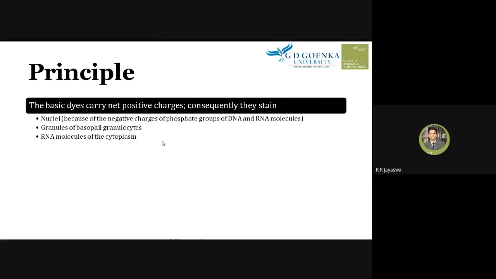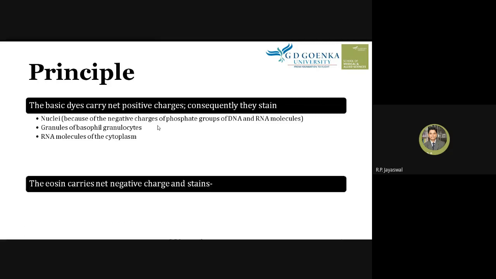Because of this negative charge of the cell components, the basic dye being positively charged, both have affinity to attract each other, and hence basic dye can give color to the nucleus, to the granules of basophil, and to RNA molecules present in the cytoplasm.